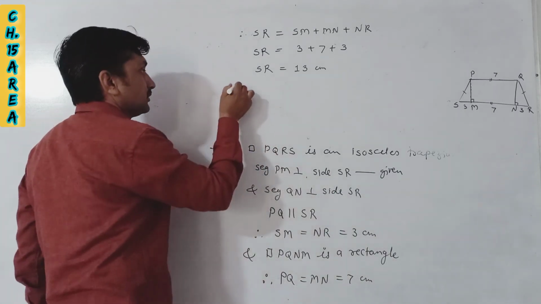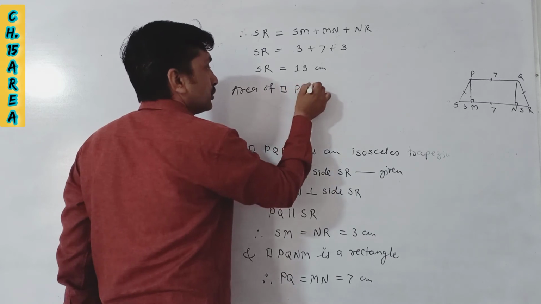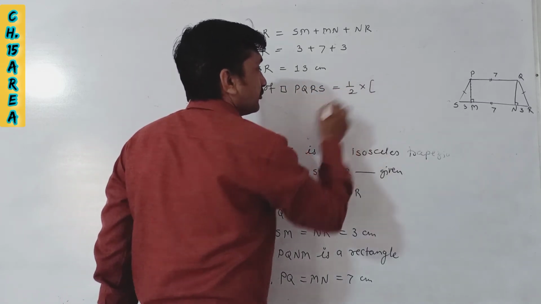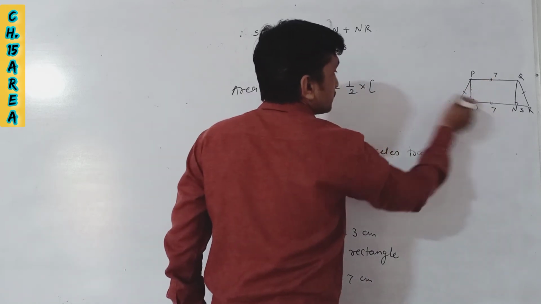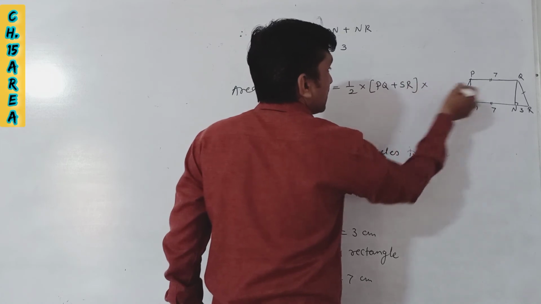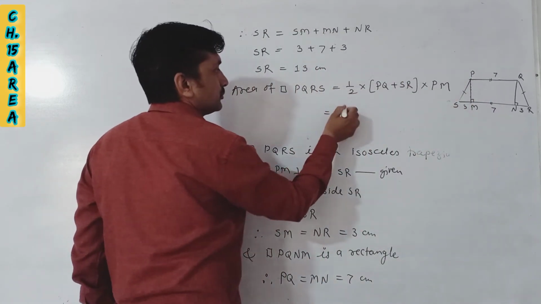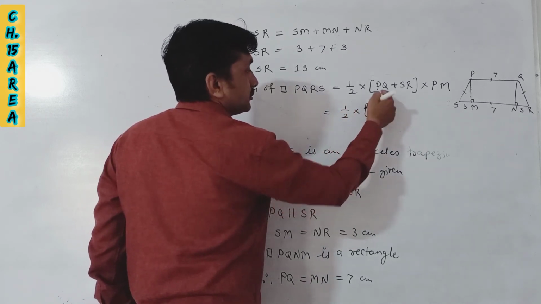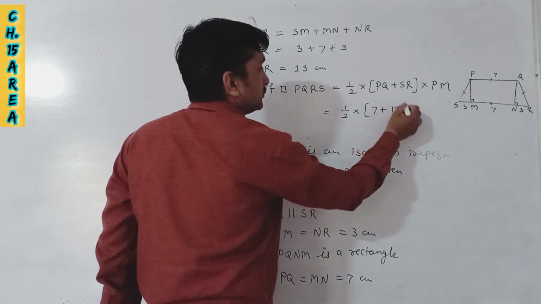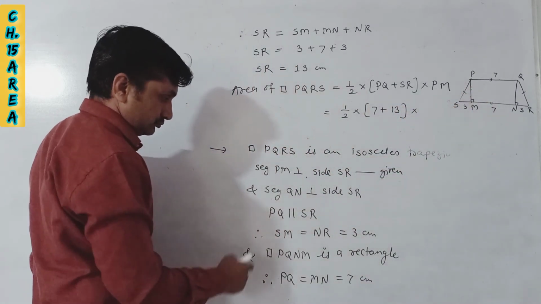Now area. Therefore, area of quadrilateral PQRS, it is a trapezium, half into sum of parallel sides, and parallel sides are PQ plus SR, multiplied by height PM. Put values now. Half multiplied by PQ 7, SR we got 13, and height PM is given there, 4.